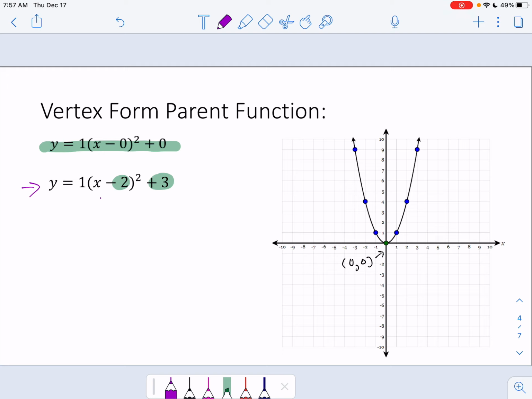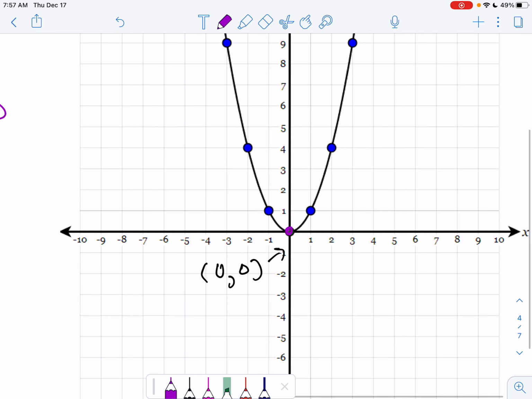So this x minus 2 actually means I'm going to shift the vertex right 2. And this plus 3 means shift up 3. So I'm going to take my vertex and shift it right 2, up 3. Here's my new vertex.